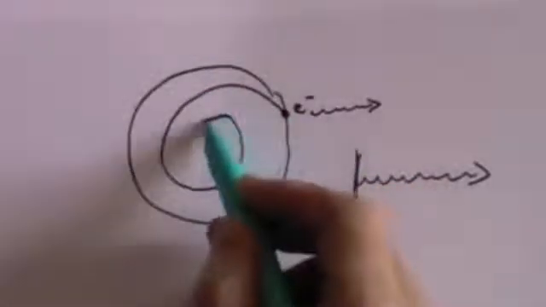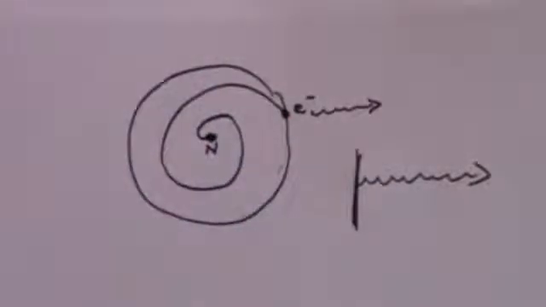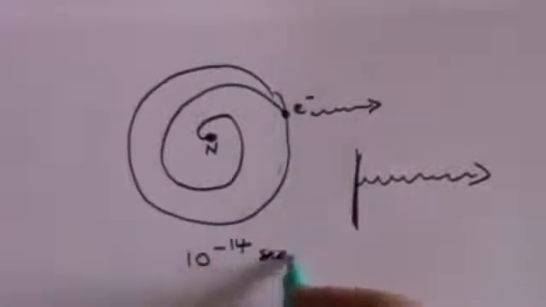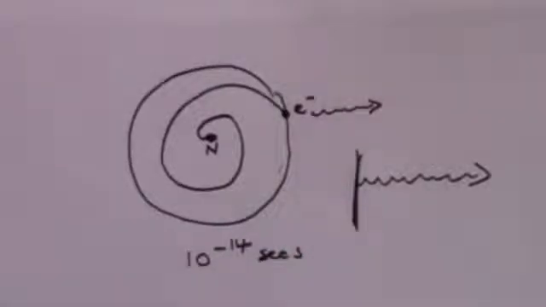And if it spirals in, it will eventually collide with the nucleus, and the whole thing will be obliterated. And it's calculated that that would happen in 10 to the minus 14 seconds, which is 100 million millionth of a second. So on this analysis, no atom can survive for more than a very small fraction of a second, which means you and I couldn't survive. So this isn't obviously the way it works.